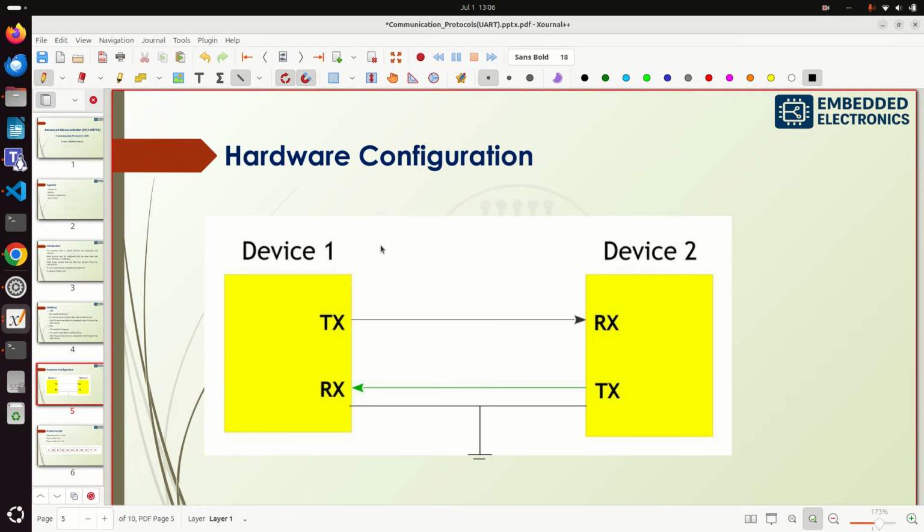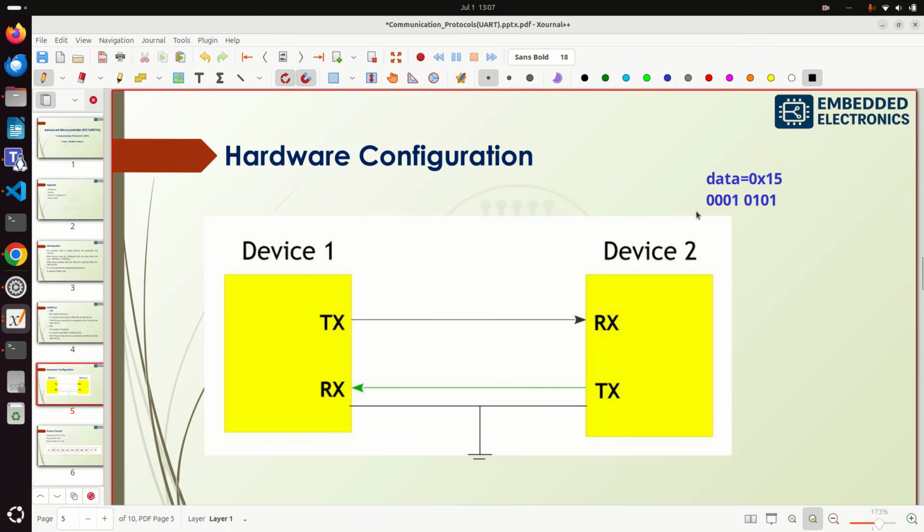Let's take an example: our data is equal to 0x15. The binary of 0x15 is 0001 0101, where 1 is 0001 and 5 is 0101. Here we have the MSB bit and LSB bit.